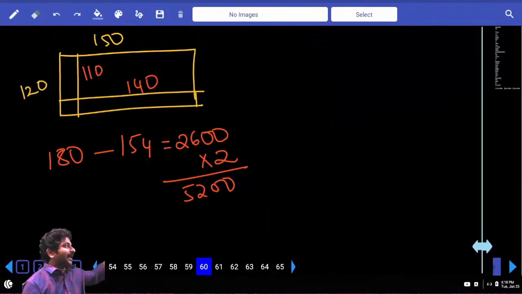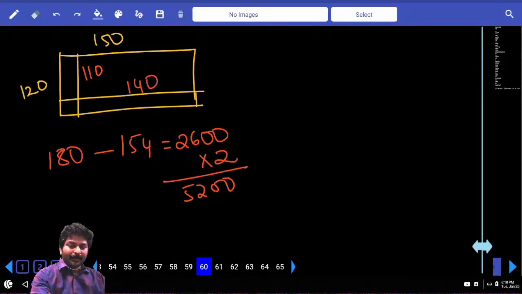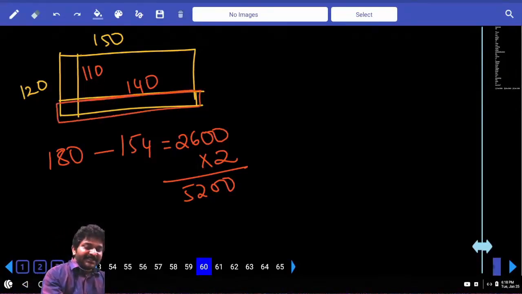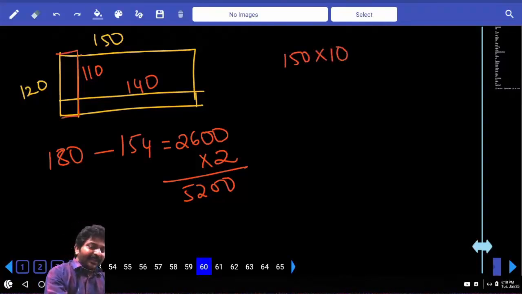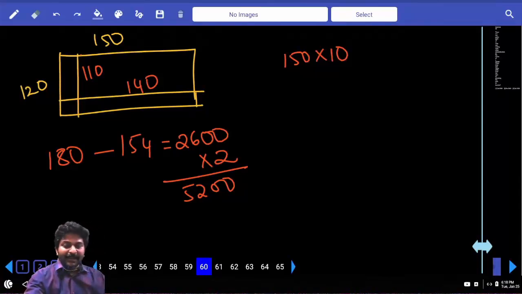This is one way to calculate path area. The other way is to calculate the area of this rectangle, that is 150 into 10. Again calculate the area of this rectangle on the vertical side, 120 into 10.